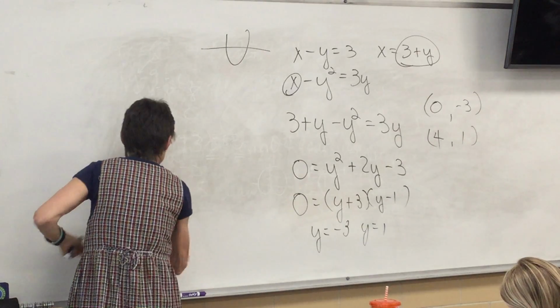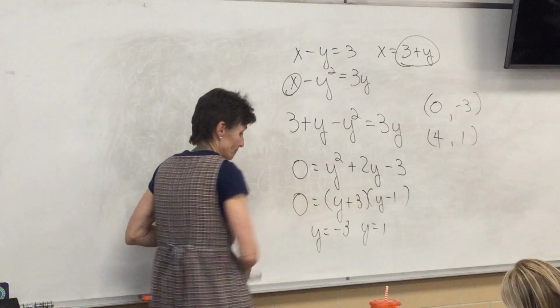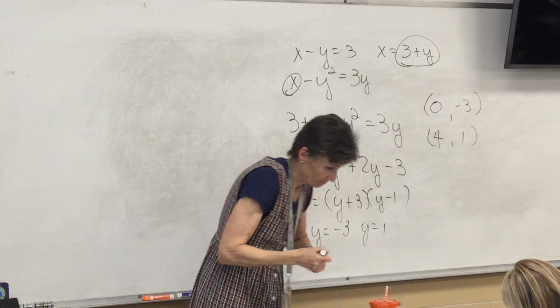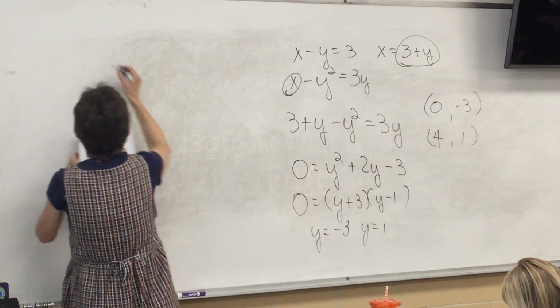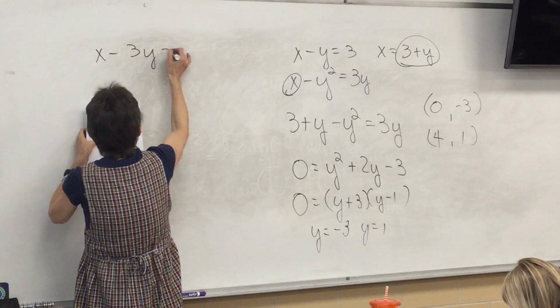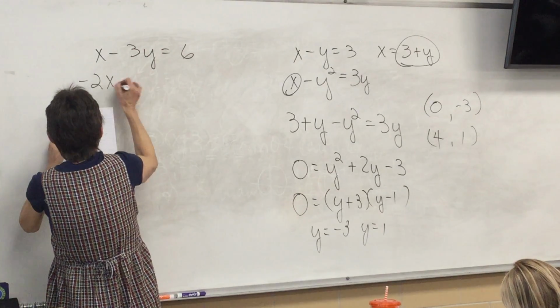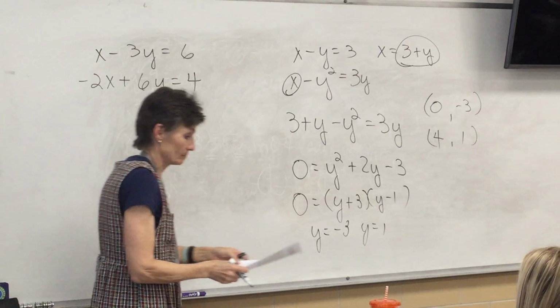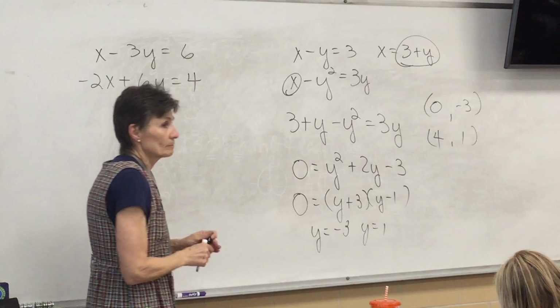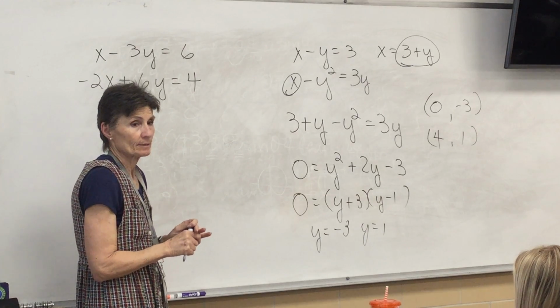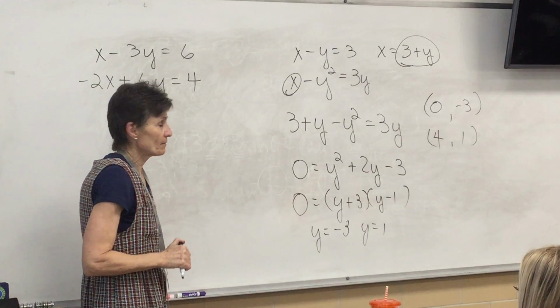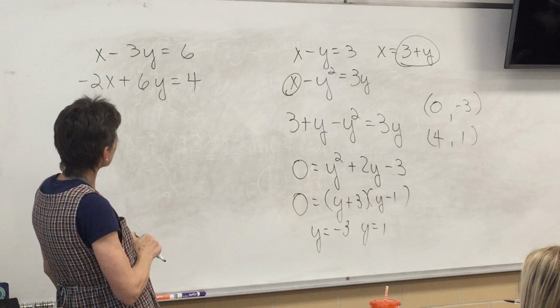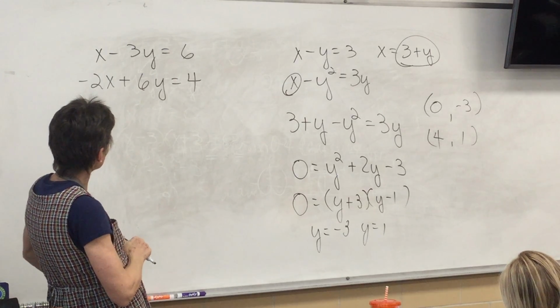All right, let's try the next one. What do you think, Ethan? You have an idea if we have to substitute, what might be a good way to go about that?